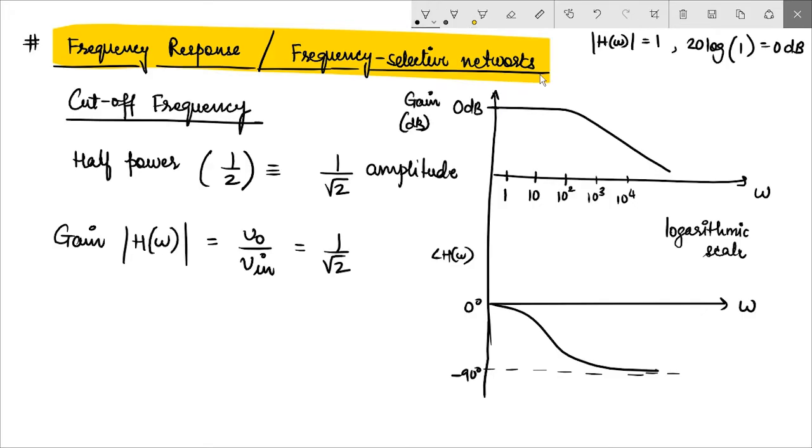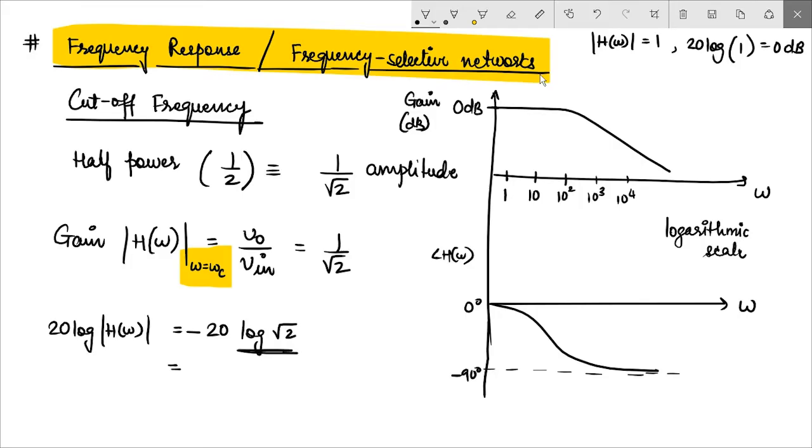So at omega c, where this happens, this is called the cutoff frequency. Now this is not in dB, this is just a ratio right now. In dB, 20 log of 1 by square root of 2 would mean minus 20 log of square root of 2, that is 1.414.